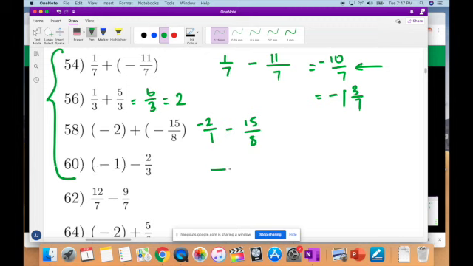All you had to do is multiply your denominators, so that is 8 times 1, and then you cross multiply. So negative 2 times 8, 8 2s are 16, so that will be negative 16 here. Because it's the negative 2 being multiplied by 8.